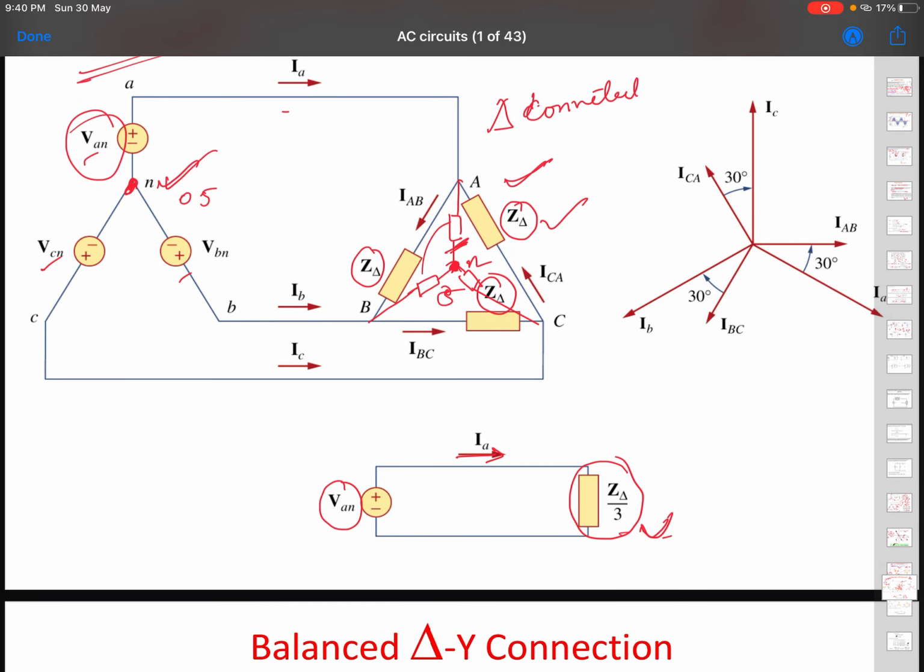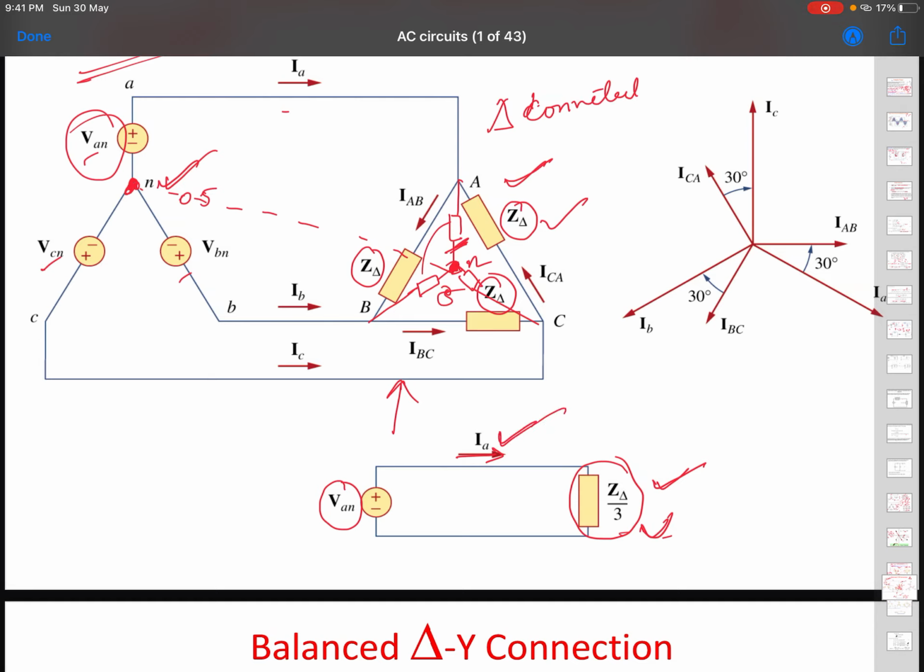That makes them virtually connected to each other because the voltages are the same, so they are actually connected to each other in a virtual sense. There may not be a wire connecting them exactly, but the voltages are the same. So you can say that these two are in fact connected to each other if the loads are balanced. Equivalently, you can analyze this circuit and impose the result of this circuit on the other circuit.